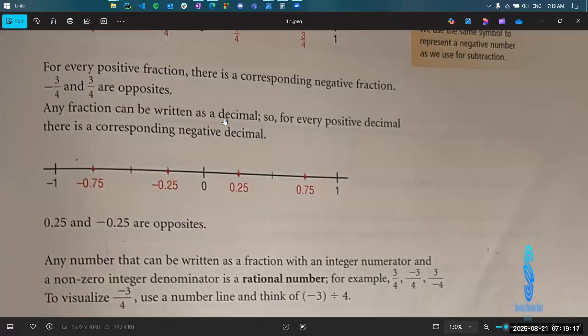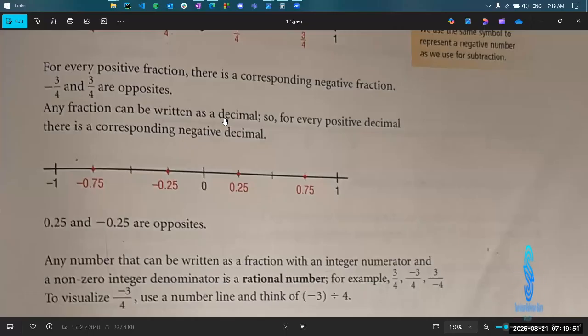They are telling us that fractions can be written as decimals. The numbers they have provided include things like minus 5 or minus 6, and there will be corresponding positive whole numbers also.